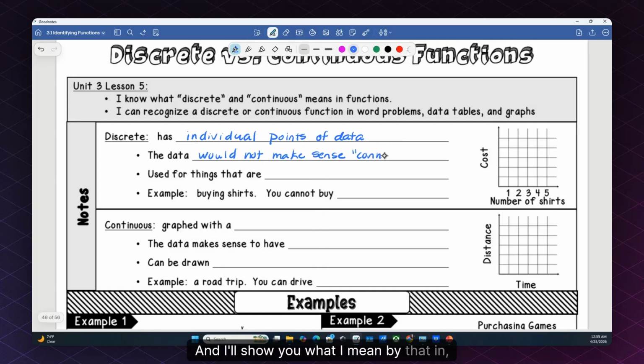I'll show you what I mean by that in a minute. So, it would not make sense connected together.